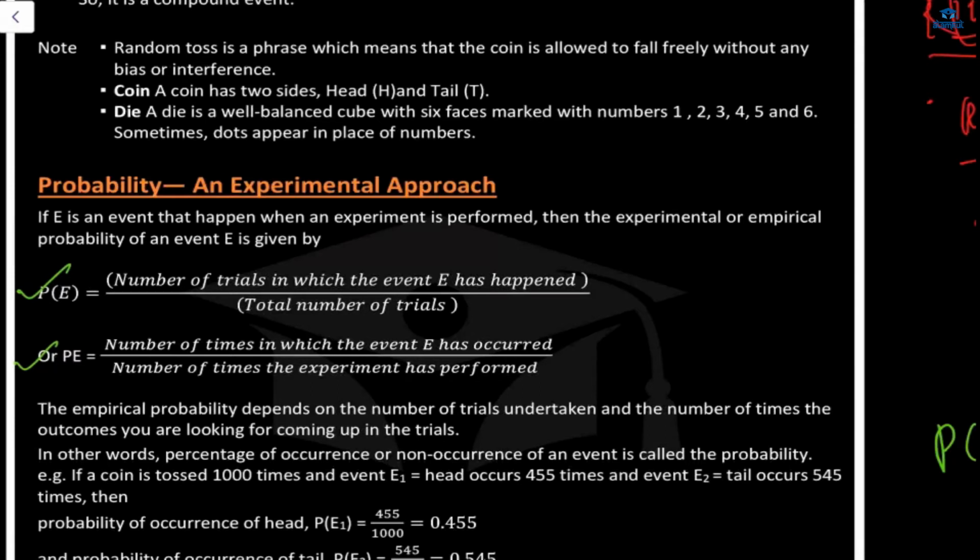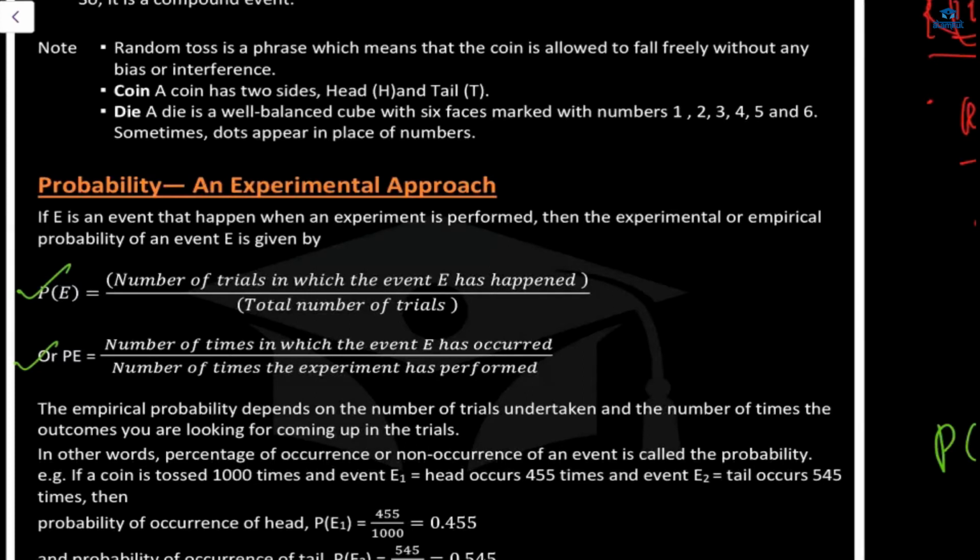For example, if you're throwing a coin, you'll get head or tail. If you're throwing a coin 5 times, what is the total number of trials? That will be 5, and in what number of trials has E occurred?